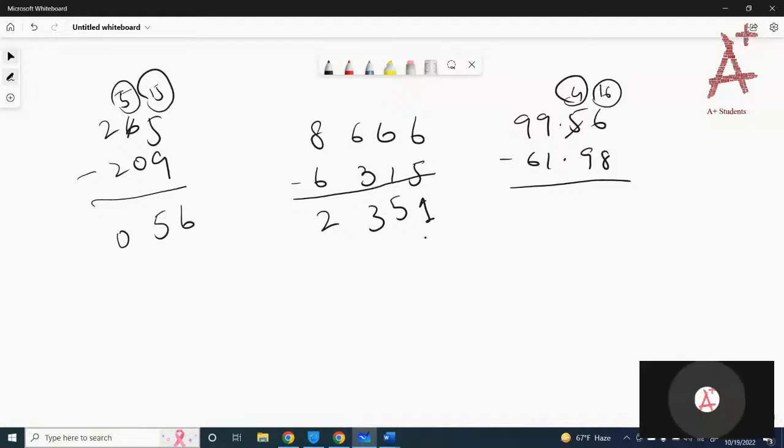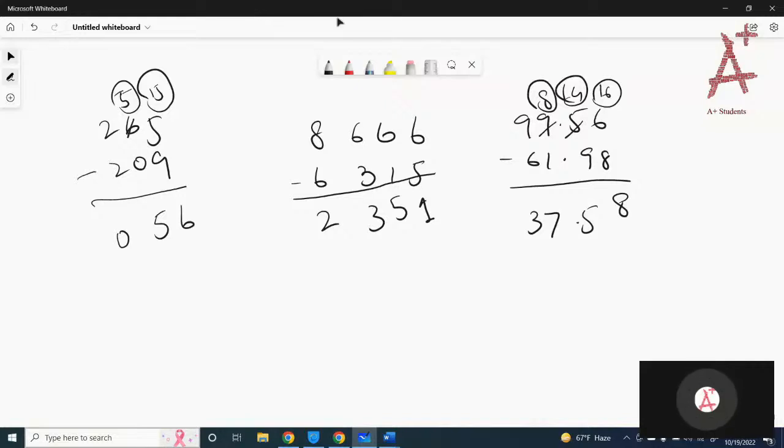So 16 take away 8 is 8. 4 subtract 9. You cannot subtract 9 out of 4. So you need to borrow 1. It would be now 14, and here you have 8. 14 subtract 9 is 5, and 8 subtract 1 is 7, and 9 subtract 6 is 3. So it would be 37.58. Got it? So you can complete the test by yourself later today.